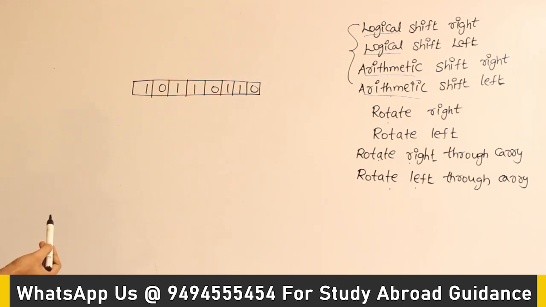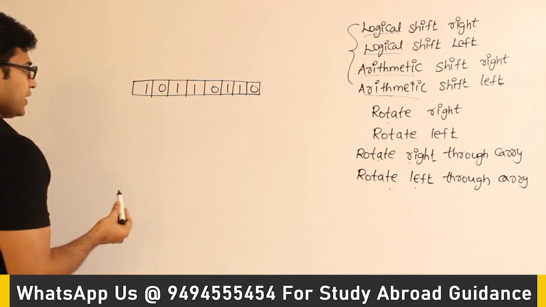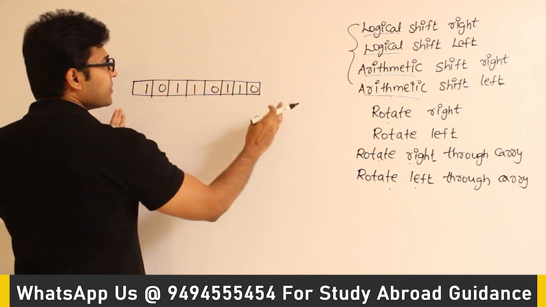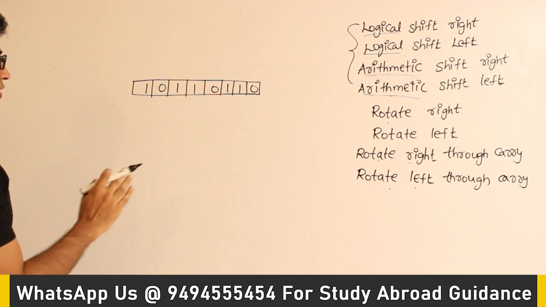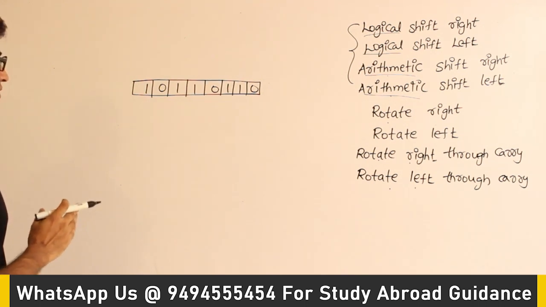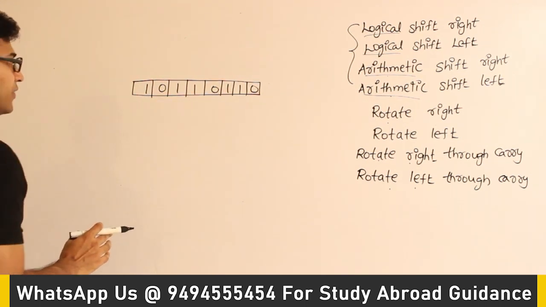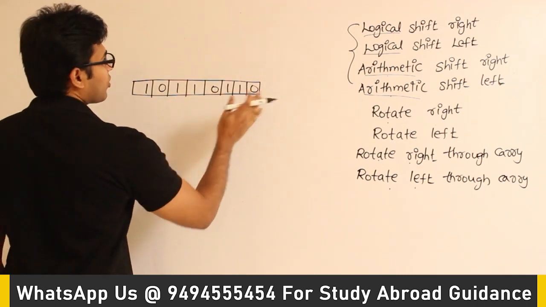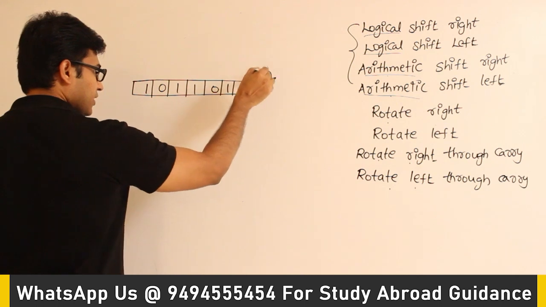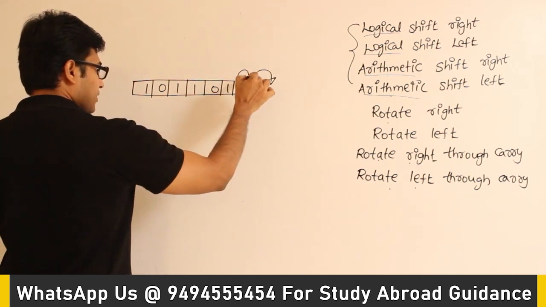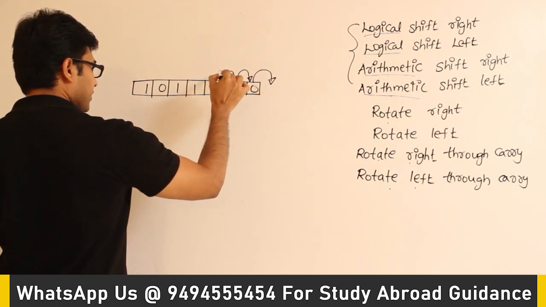Now if I apply logical shift right, then I have to shift all the bits one position to the right. Got it? One position to the right. As a consequence, the rightmost bit will fall off, and this bit will enter here, this bit will enter here, like that.